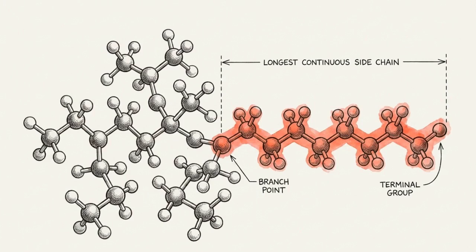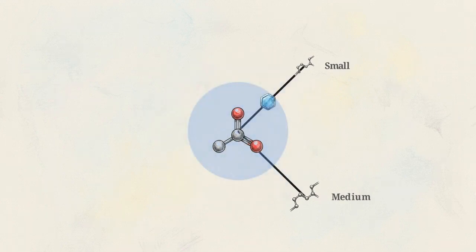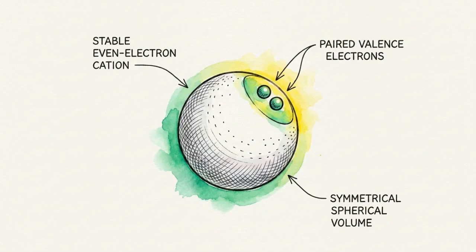When a molecule has multiple potential breakpoints, it typically adheres to the largest branch rule. It will expel the largest possible alkyl branch as a neutral radical, thereby maximizing the stability of the remaining charged fragment. In all of these simple cleavages, whether homolytic or heterolytic, the resulting charged product is an even electron cation.